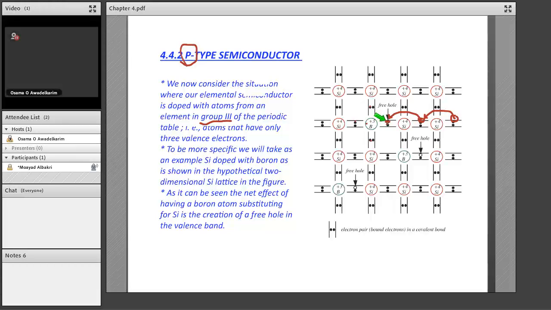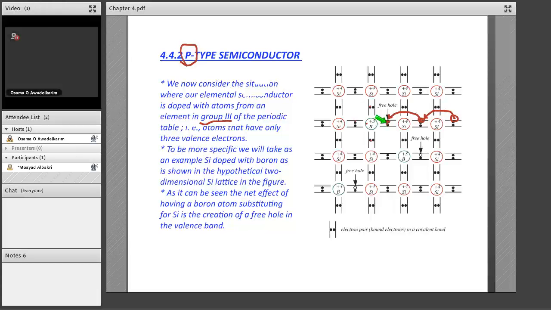Remember, the phosphorus atom in an N-type donates an electron. Here the boron atom accepts the electron and it becomes negative because we're adding a negative charge here. So it ionizes and becomes negatively charged, and it's therefore called an acceptor.